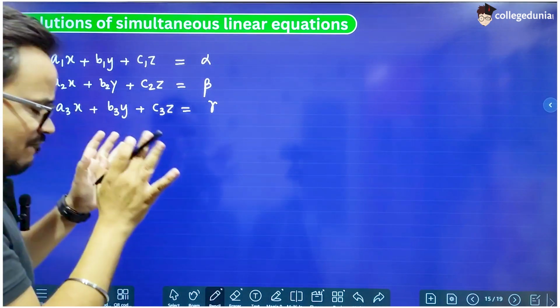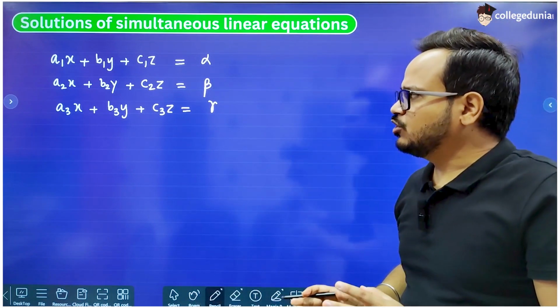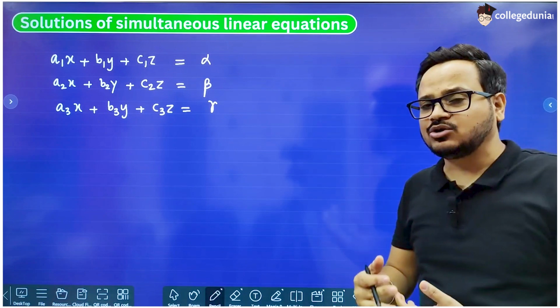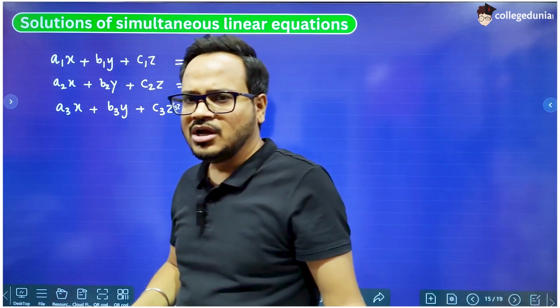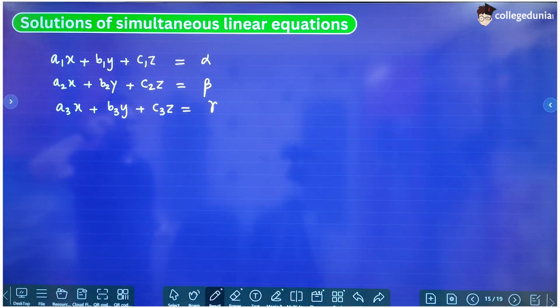Okay, so now we have to solve these three equations. I am explaining the method for three equations. For a set of three equations, you can apply this method to a set of two equations also, like you used to solve in class 10th linear equations.